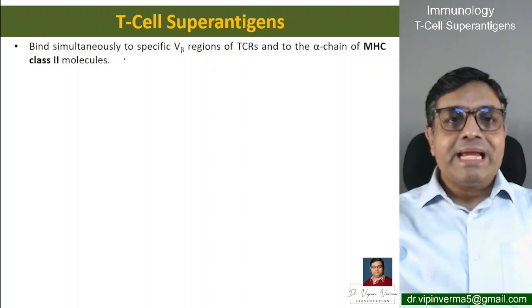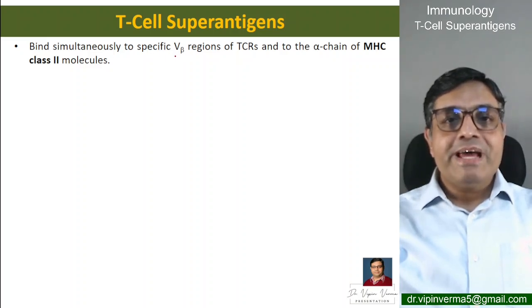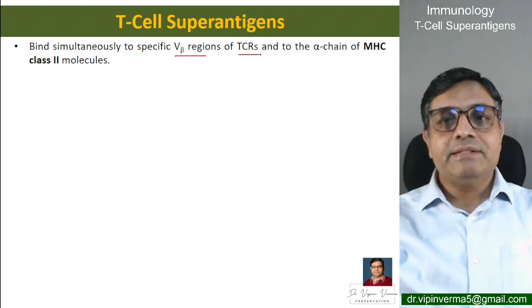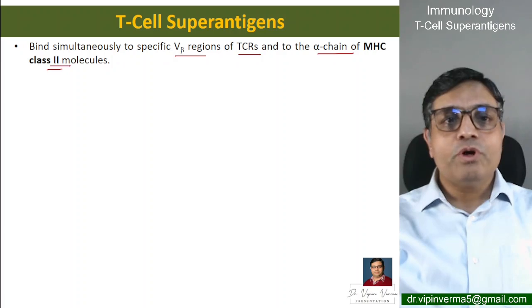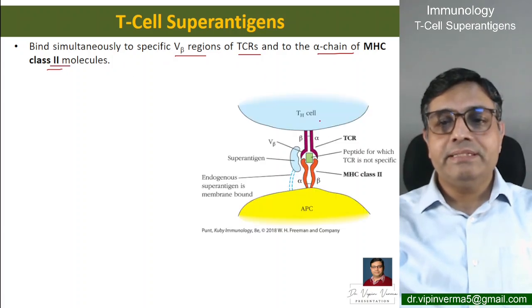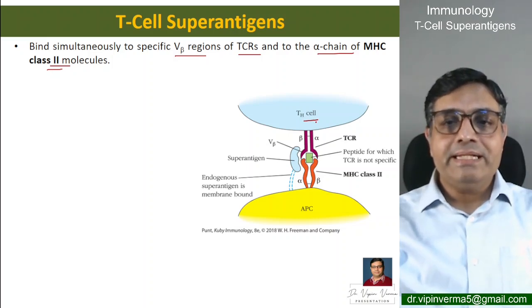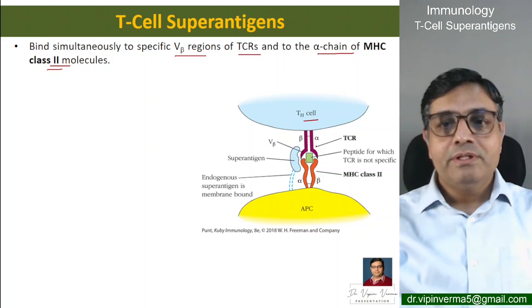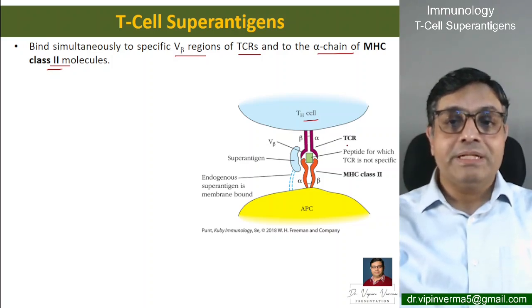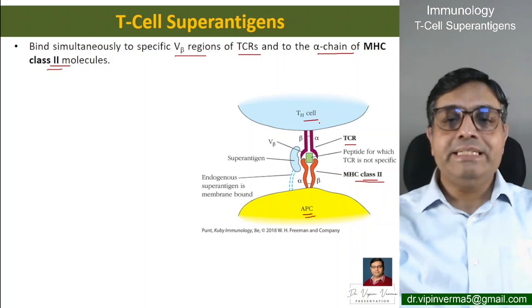They bind simultaneously to the specific variable beta regions of the T cell receptors and to the alpha chain of the MHC class 2 molecules, which you can see in the picture here. This is the T helper cell, with the T cell receptor, and antigen presenting cells have the class 2 MHC molecules, which always bind to the TCR on the T helper cells.